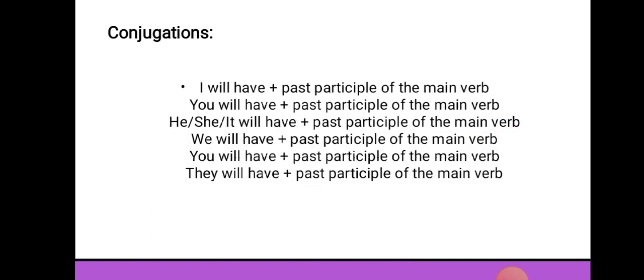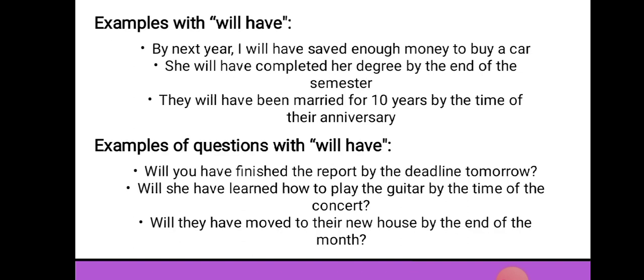Conjugation. The grammatical structure is the use of the auxiliary verb will and the auxiliary verb have and the past participle. Example with will have.